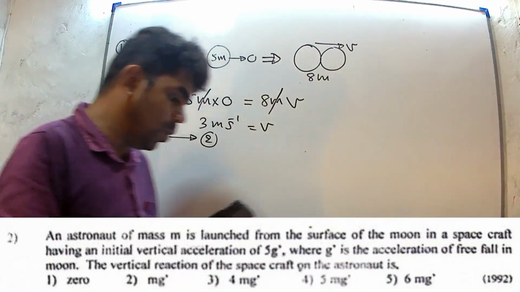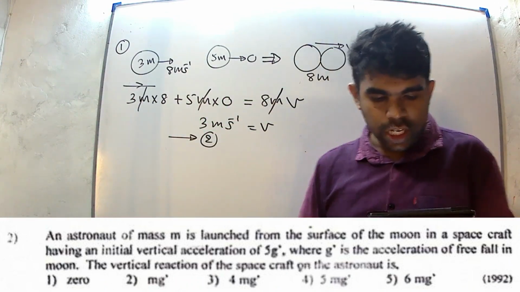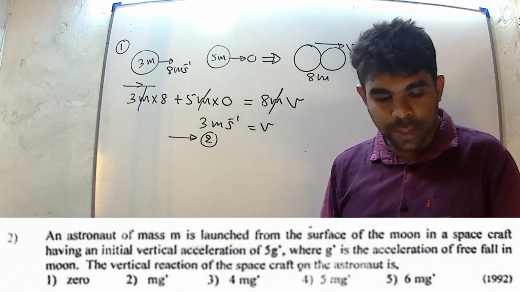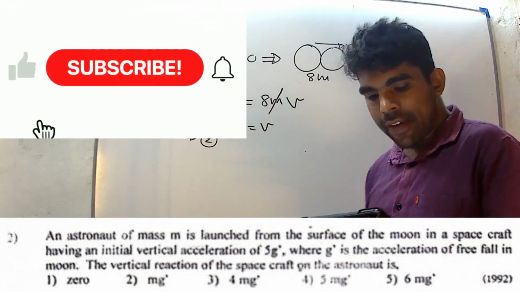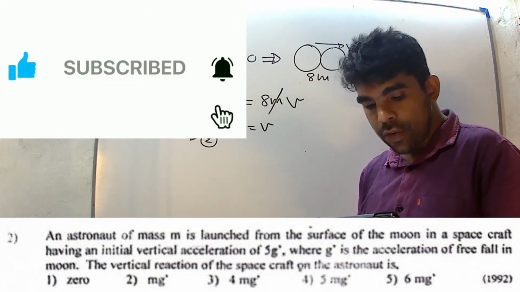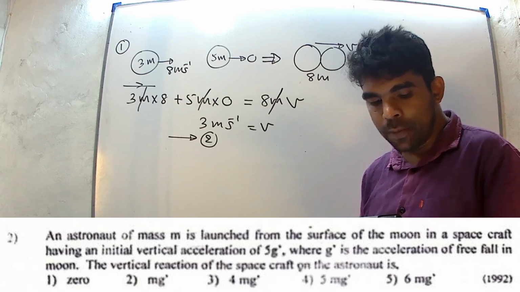Then question number 2. An astronaut of mass m is launched from the surface of the moon in a spacecraft having an initial vertical acceleration 5g, where g is the acceleration of free fall on the moon.